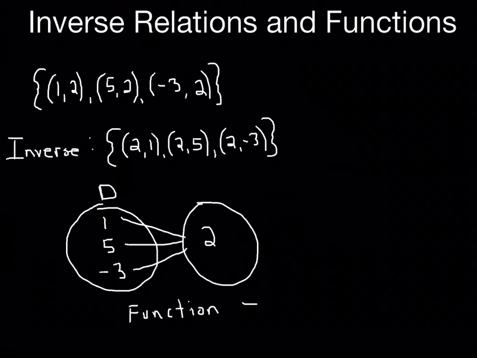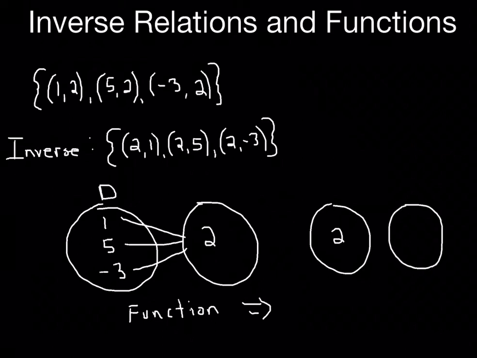Now, if we look at its inverse, you switch your X's and your Y's, or your domains and ranges. Your domain is just 2, and now the range is 1, 5, -3, and now your 2 is matched up with more than one Y, or your domain is matched up with more than one range.